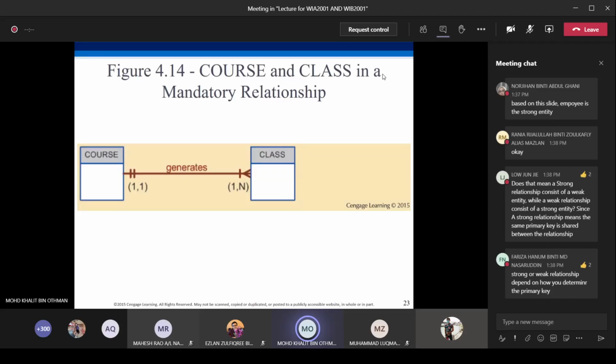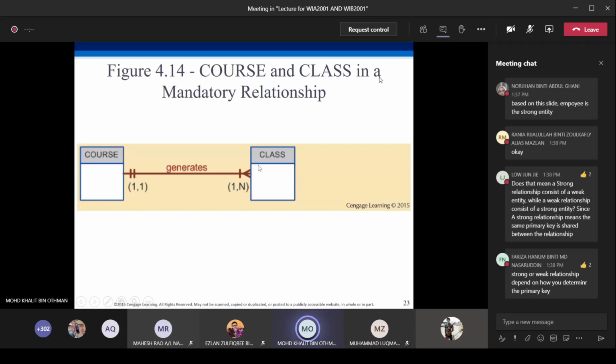We can see here that at least one course must generate a class, or each single class is generated by exactly one course. This is one to many, where the one side is mandatory and the many side is mandatory.